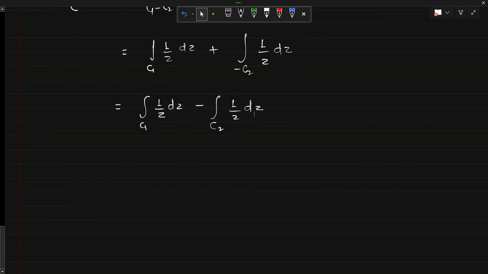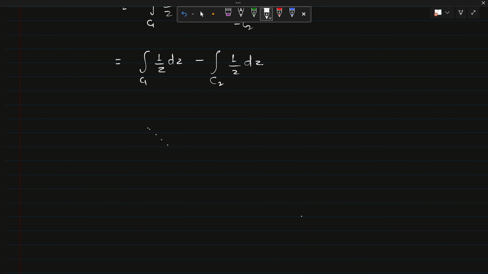Okay, now integration along C2 was minus pi iota, so this is pi iota minus minus pi iota. Okay, so this will be equal to 2 pi iota.